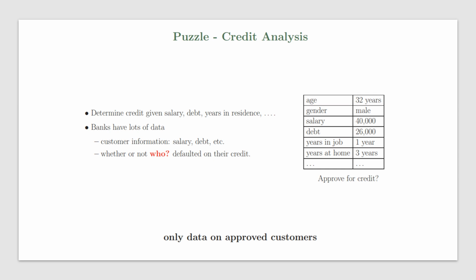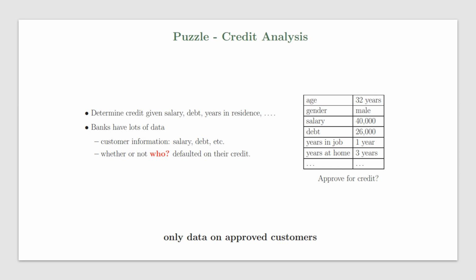Another, more subtle example, which is also sampling bias, but is not introduced because we explicitly do something to it, is the credit analysis problem that we've been looking at since lecture 2 or so.